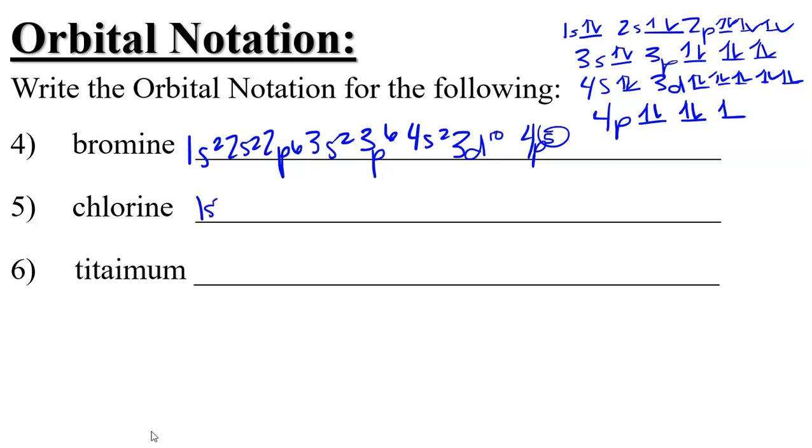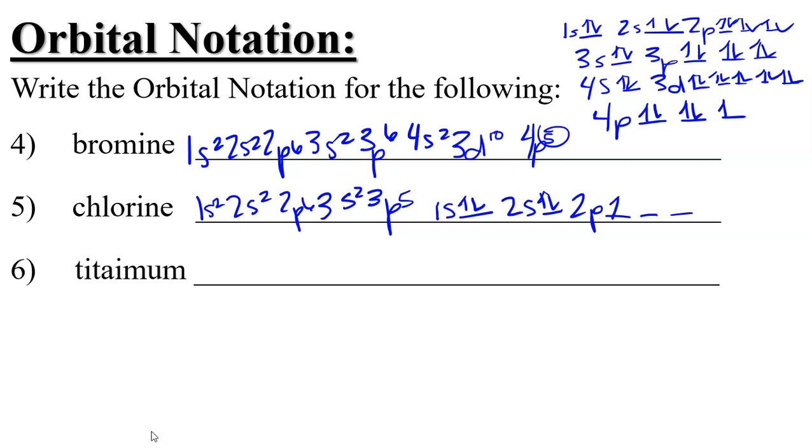Chlorine, 1s2, 2s2, 2p6, 3s2, 3p5. So let's start off with the first energy level, second energy level, third, and then 3p, he has 5.